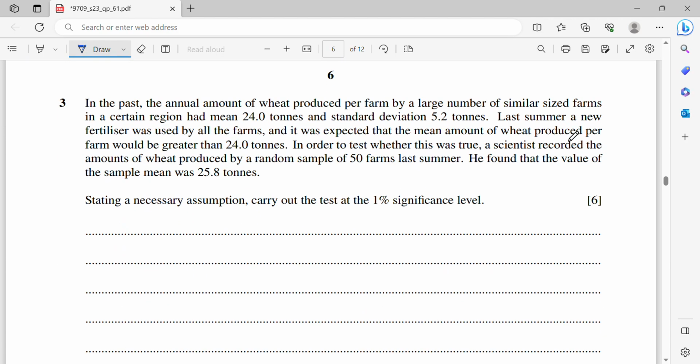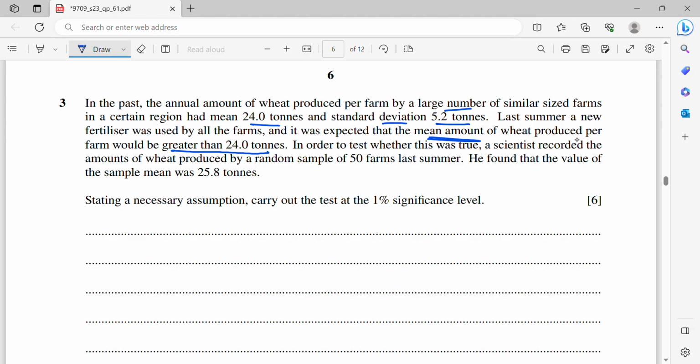Okay, now question number 3. In the past, the annual amount of wheat produced by a large number of similar sized farms in a region had mean 24.0 tons and standard deviation 5.2 tons. Last summer, a new fertilizer was used by all the farms and it was expected that the mean amount of wheat produced by farm will be greater than 24.0 tons.